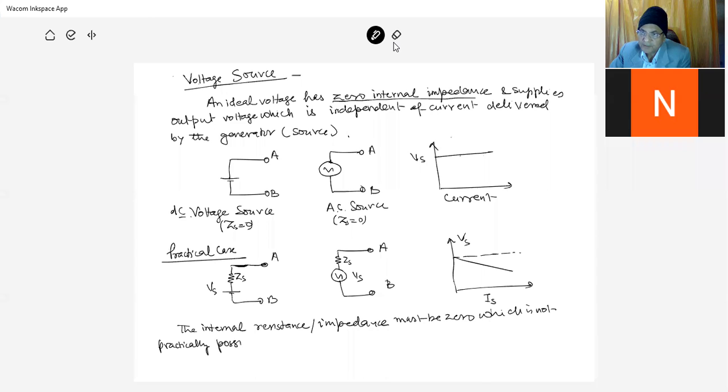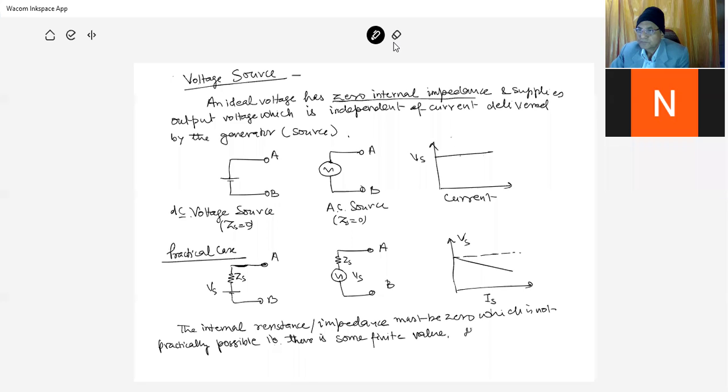This is not practically possible. That is, there is some finite value. Some finite value is there.